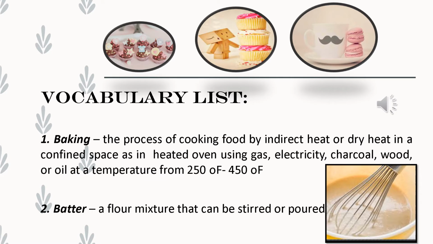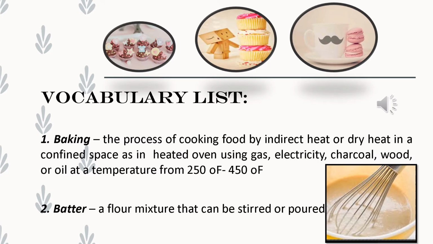The following words in the vocabulary list are few of the words you might be unfamiliar with and which are explained in this part for your understanding. Examples are: number 1, baking.